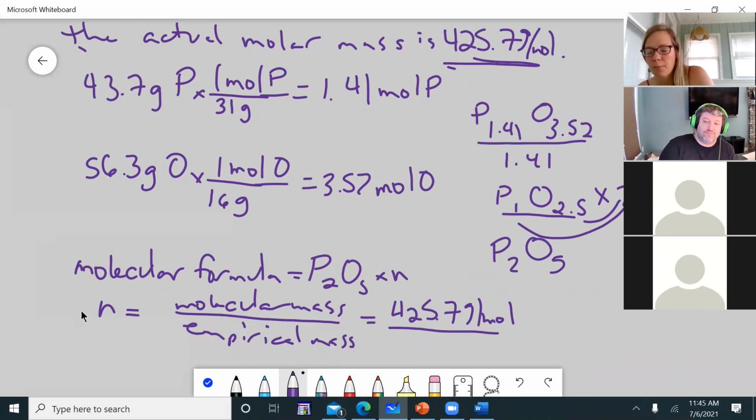You would never want to put the smaller number on the top. If you get confused about which is the molecular and which is the empirical, remember the empirical formula is going to be the mass of 2 phosphoruses and 5 oxygens.